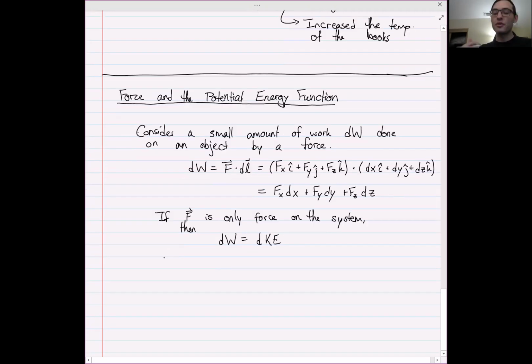Now, if the force is conservative, then the small change in kinetic energy is balanced out by a small change in the potential energy.